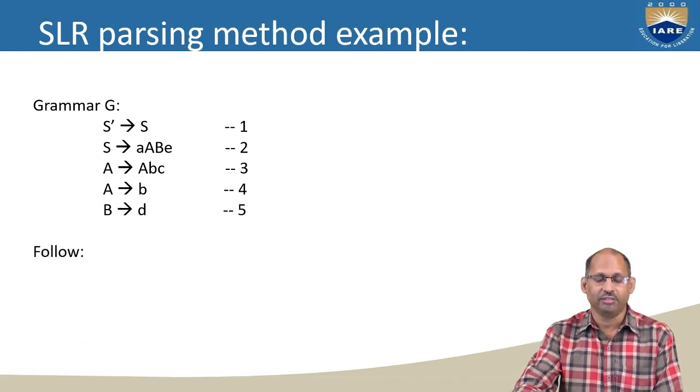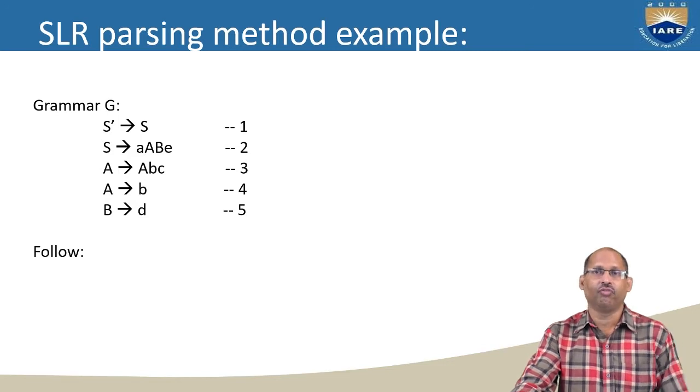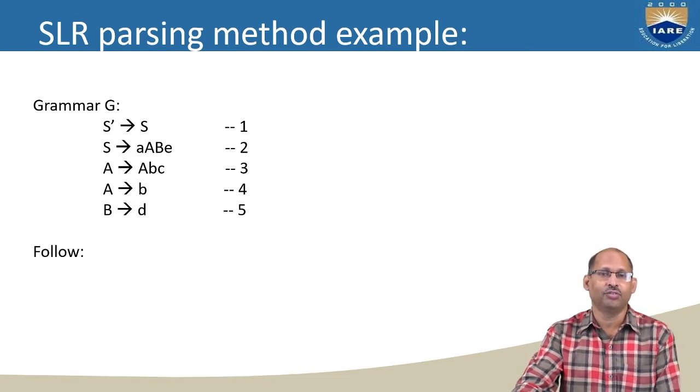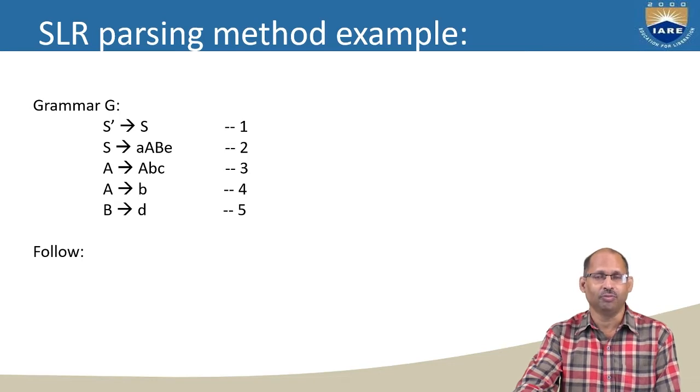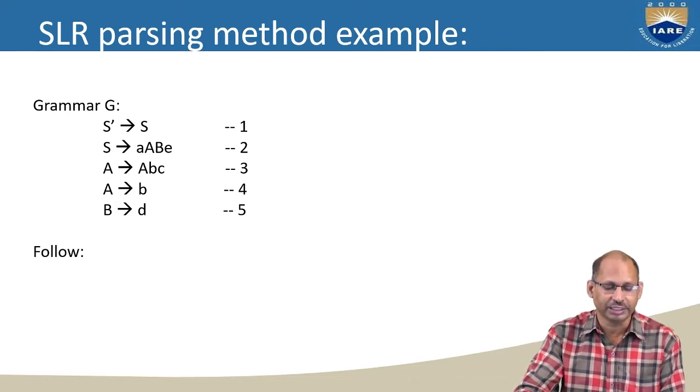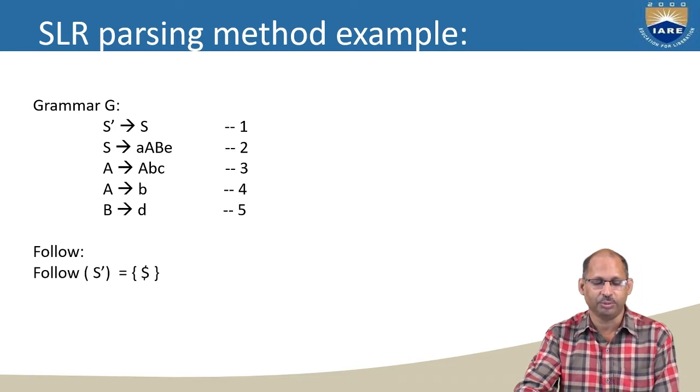Then here we need to find the follow of the variables. In the construction of the SLR parsing table, to specify the direction of the production in a particular column, we need the follow of the variable.